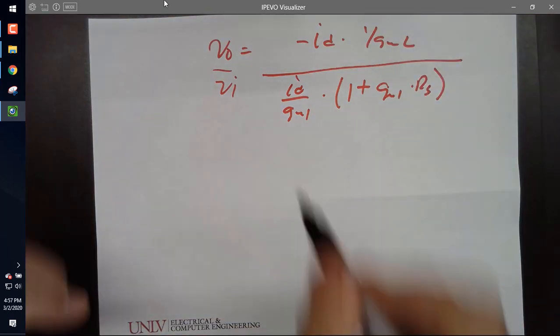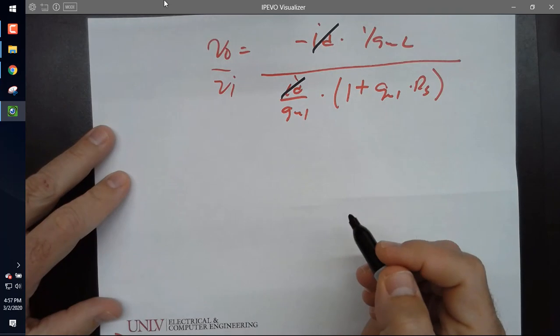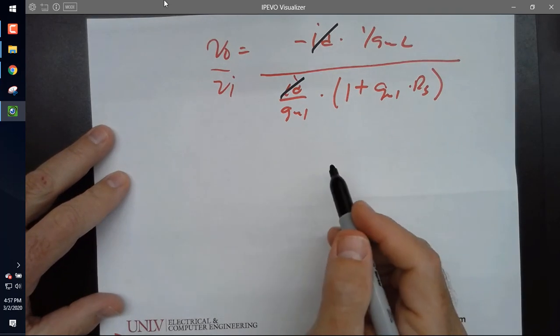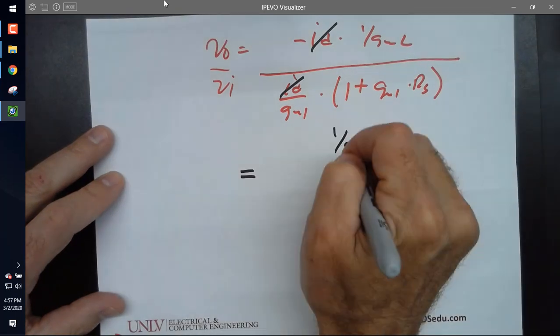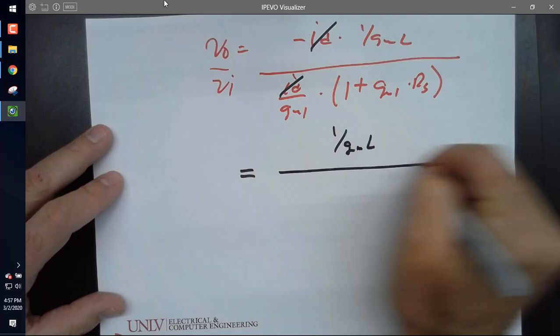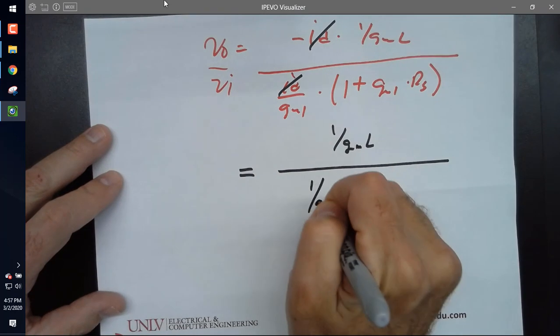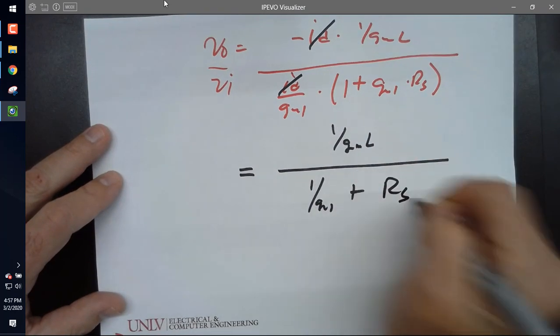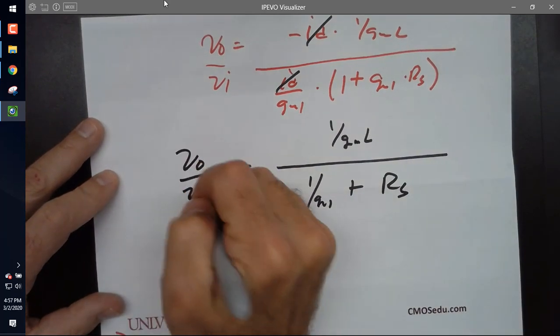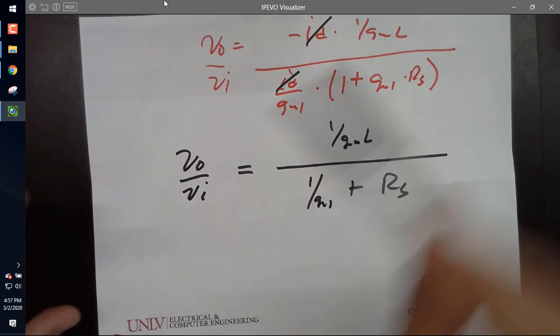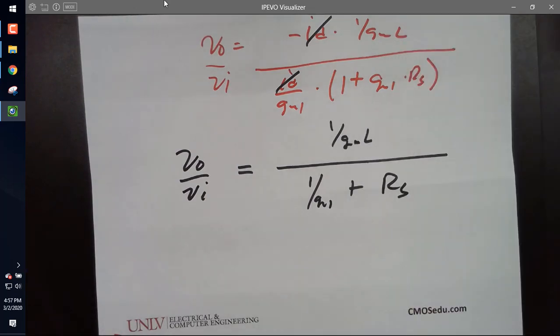Anyway, so I cross out the IDs, and then I can write that this is equal to 1 over GML divided by 1 over GM1 plus RS. Now let's compare this to what we just derived. This is the gain, and with that gate drain connected load, I'm going to have a gain less than 1, minus.